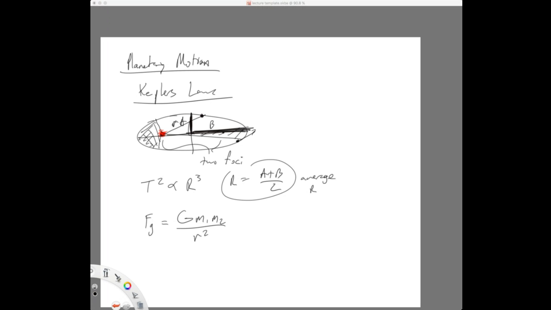So if we think of the planet as moving just in a circle with a radius r around the sun, here's the sun, here's the planet, then we could say net centripetal force equals m times a centripetal. And the centripetal force would be the force of gravity.